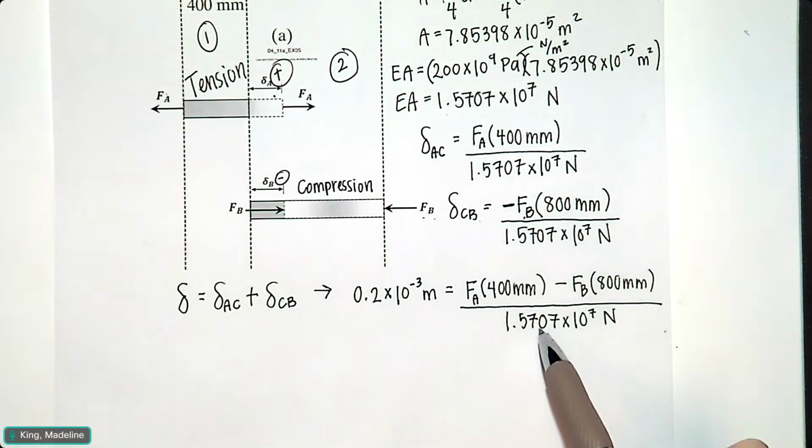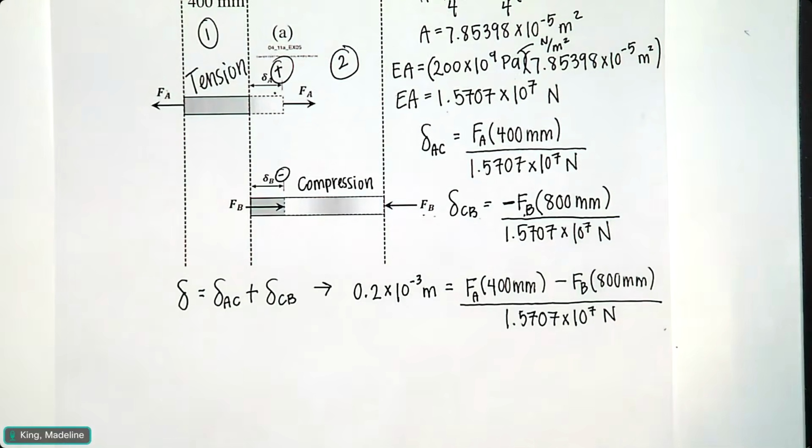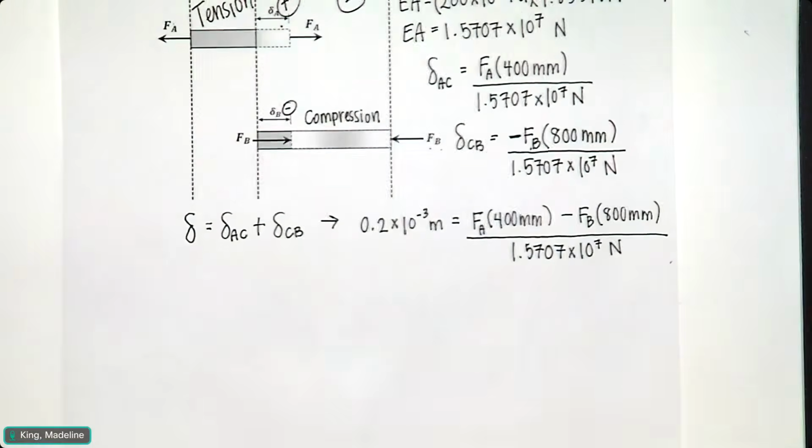Now I'm going to move our denominator to the other side. So let's see what that will be. 0.2 times 10 to the negative 3 times 1.5707 times 10 to the 7th.